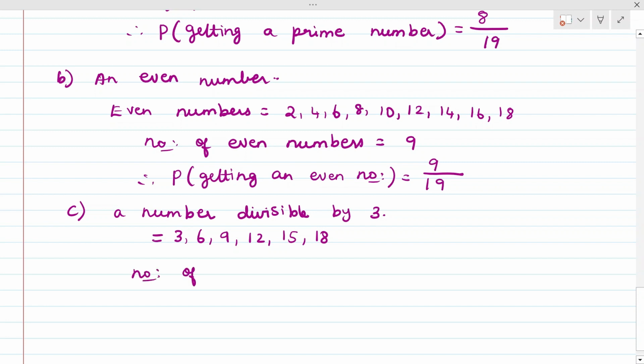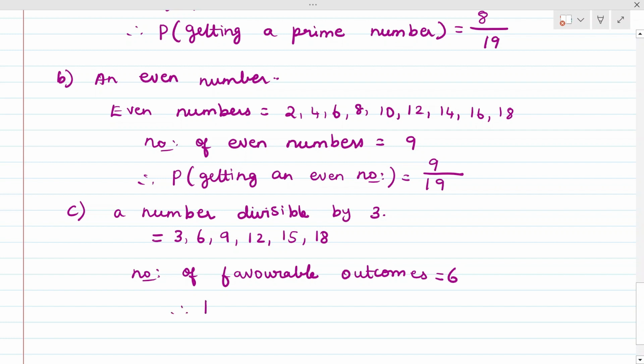Here I will write favorable outcomes. Favorable outcomes means what we want. We want number divisible by 3. How many are there? We have 6: 3, 6, 9, 12, 15 and 18. The number of favorable outcomes is 6.